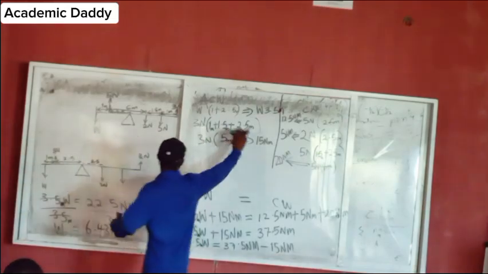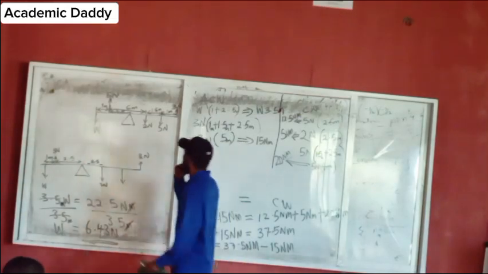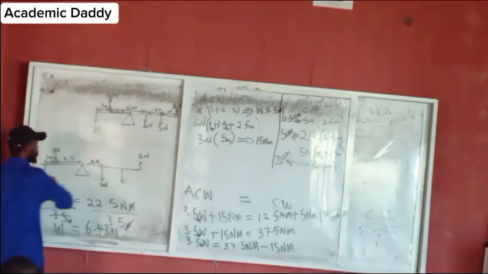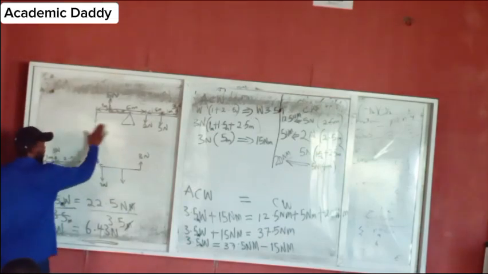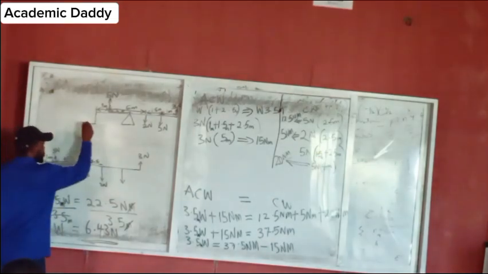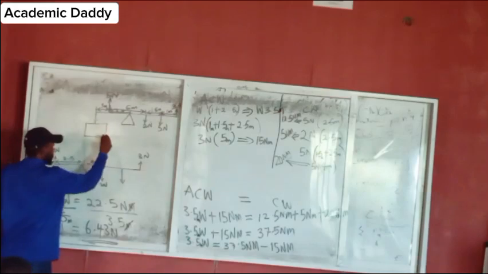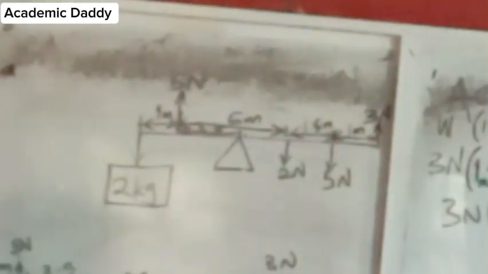Now finally, let me play this one. Let me not change much. Let's say now that what I have here is, let's say 2 kg. Let's say I have 2 kg here.